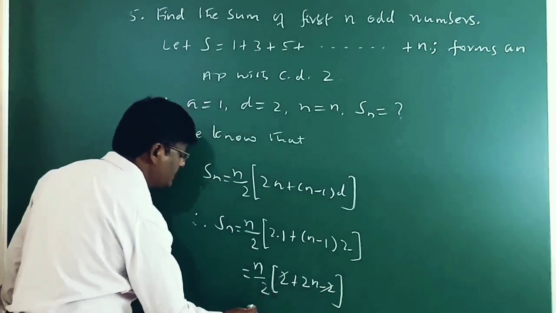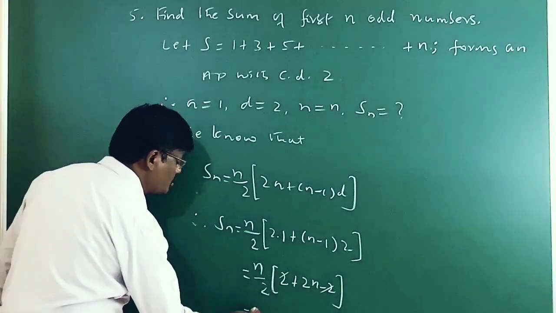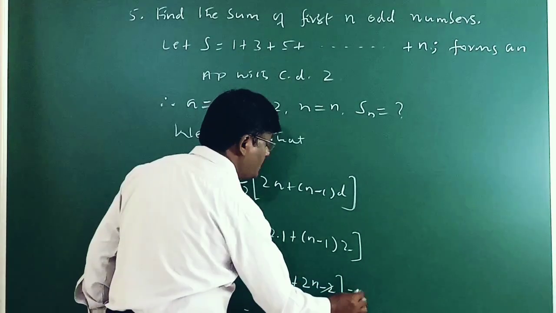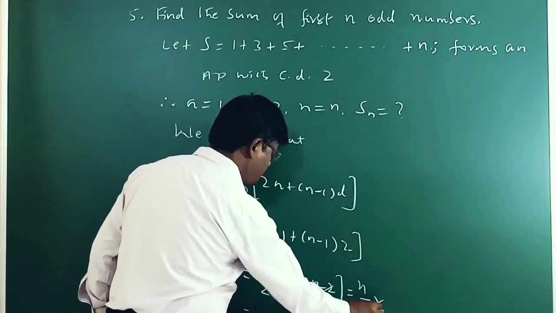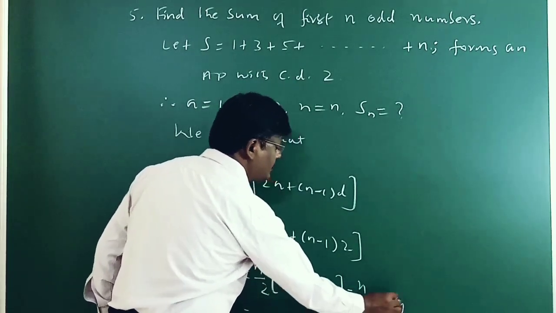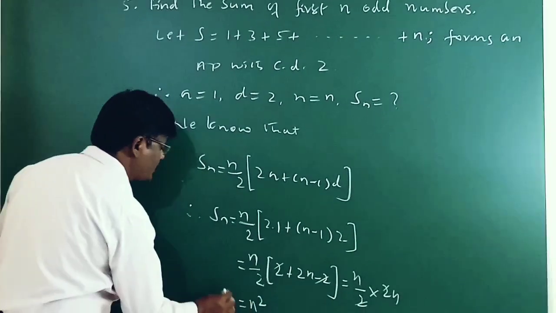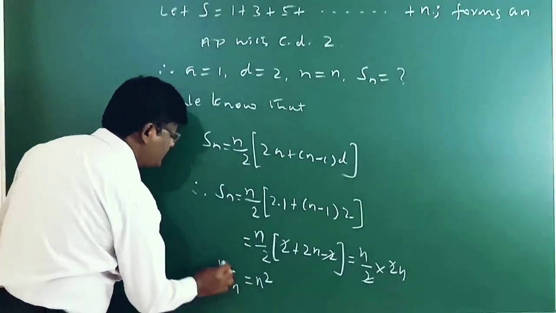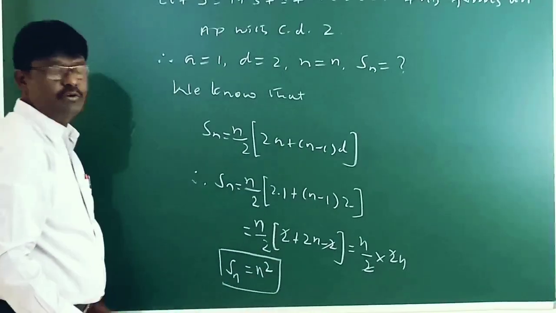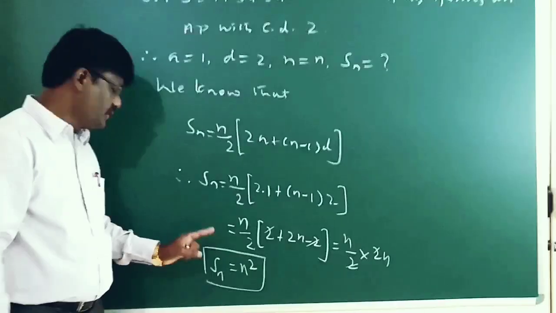The 2s get cancelled. Therefore, n by 2 into 2n. Then the 2s get cancelled. n into n is n square.